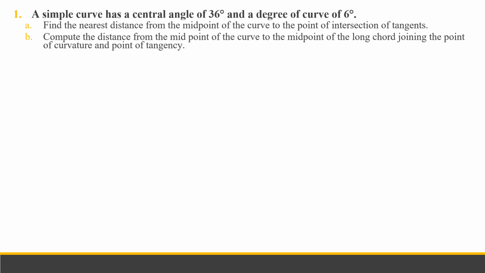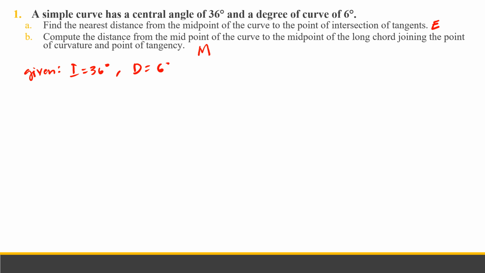This is the external distance. Then compute the distance from the midpoint of the curve to the midpoint of the long chord joining the point of curvature and the point of tangency. So this is the middle ordinate. So given, meron tayong given na central angle of 36 degrees and degree of curve na 6 degrees.